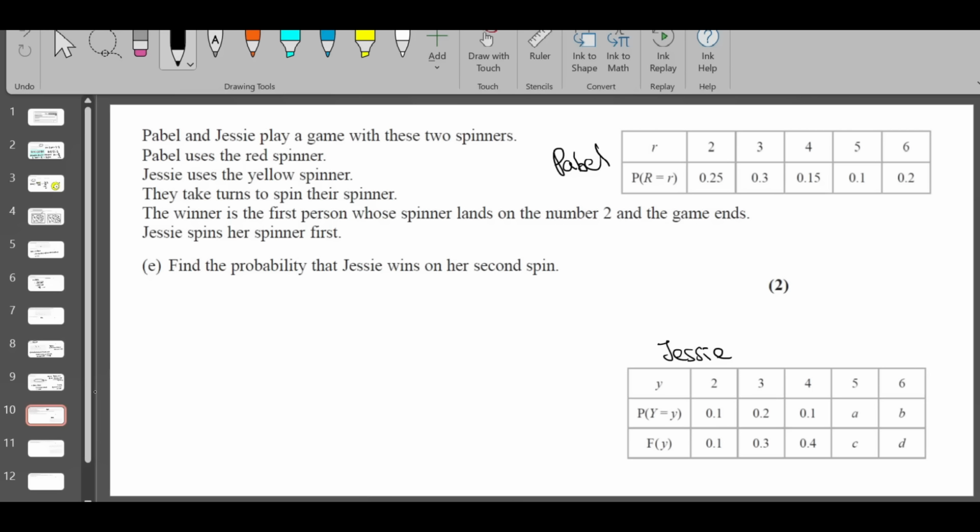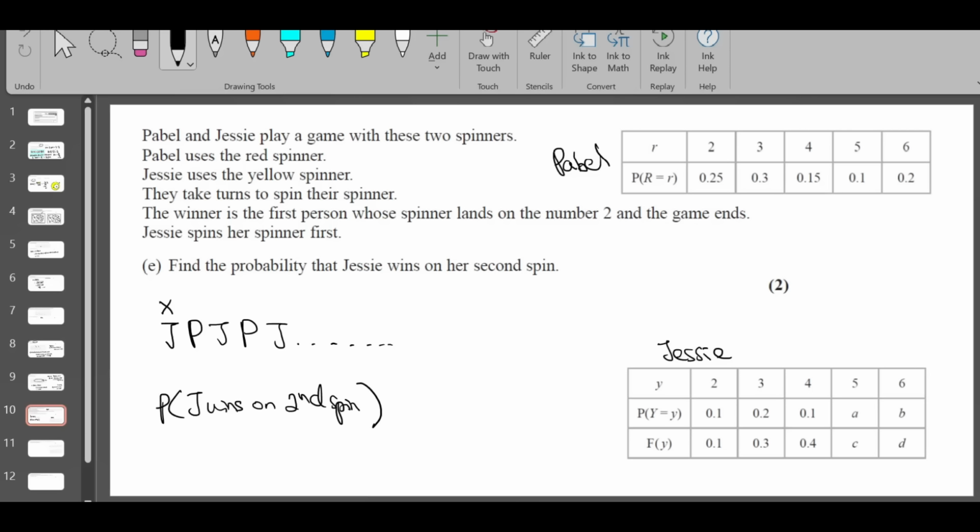Jessie spins her spinner first. So Jessie is starting first, and then Pebble, and then Jessie, and then Pebble, and then Jessie. It goes on till someone's spinner lands on number 2. Now find the probability Jessie wins on her second spin. That means on the first spin Jessie did not win the game.